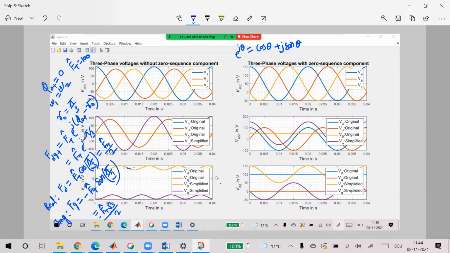Question. For example, using the Fourier transform, from what I understand, the zero component is the zero component, the 50 hertz component is my positive sequence, and the 100 hertz component is the negative component. Do you see a 100 hertz component also? Let's say 150. Okay.